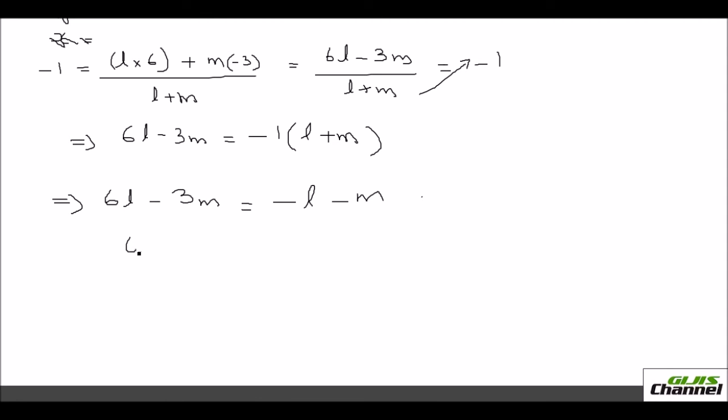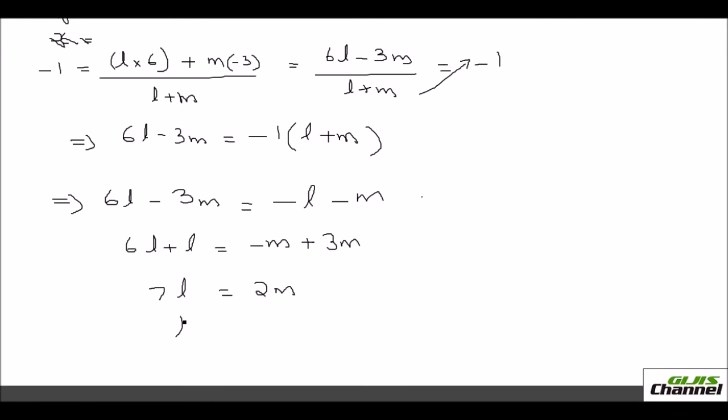So 6L plus L is equal to minus M plus 3M. So this would be 7L equals 2M.